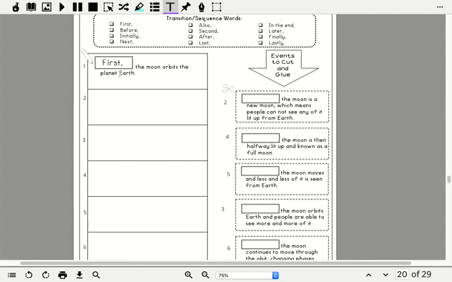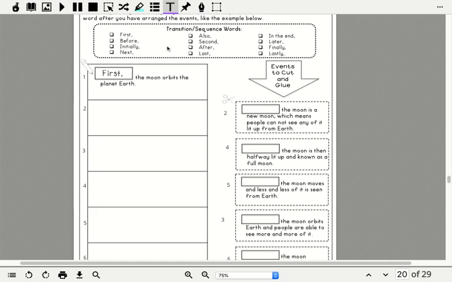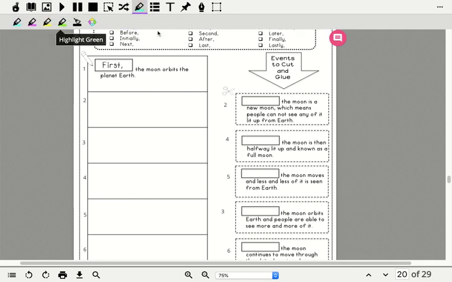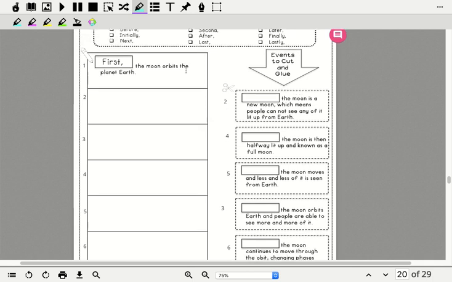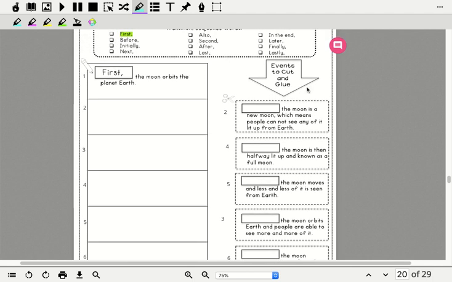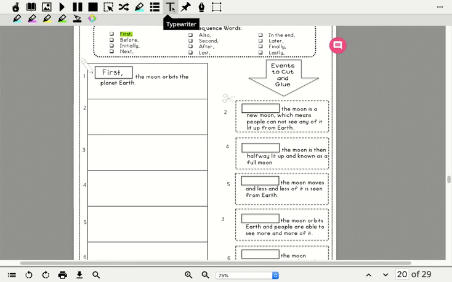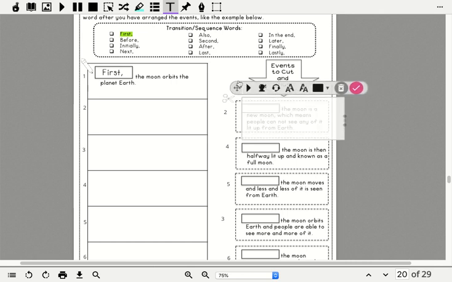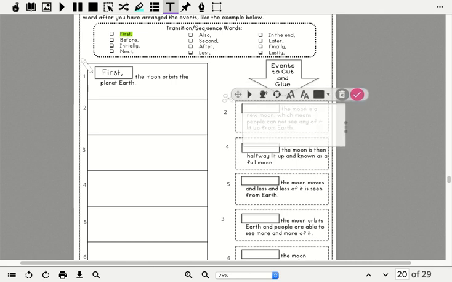Now, because it says first here and they've already used that, if I was you, I would probably cross it off, because if they've used it, we aren't going to use it. So for me, I'm just going to highlight it to show me that we've used it. Okay, so this one, I need a word to go in this box right here.